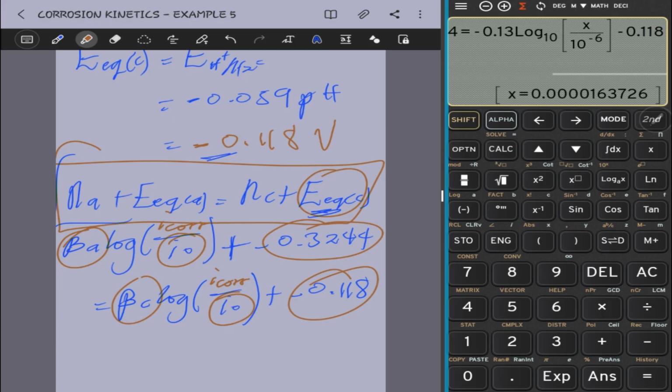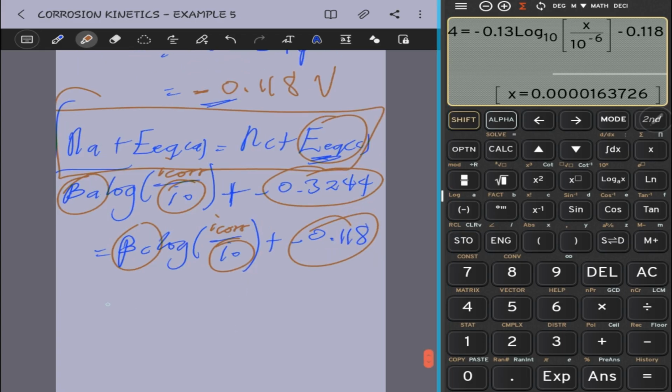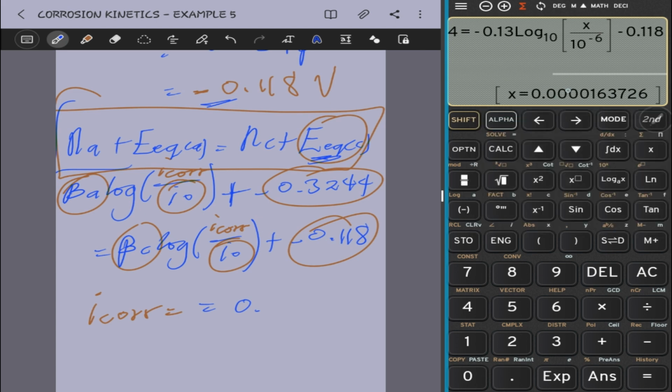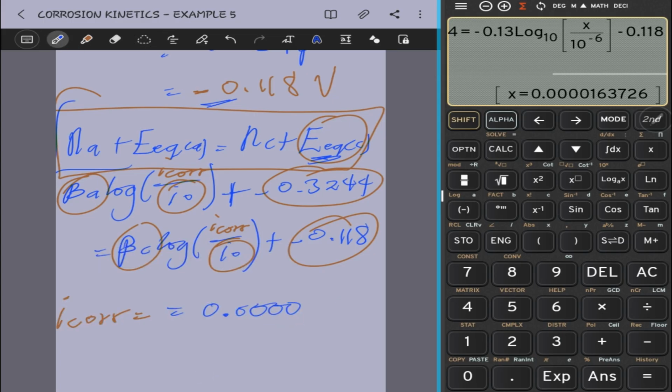So the i_corr that we are looking for is basically this. We end up getting i_corr, let's see what the calculator is giving us, 0.01234, 1, 2, 3, 4, and then we have 1, 6, 3, 7, 2, 6.